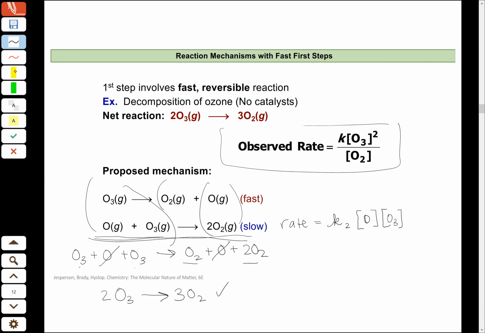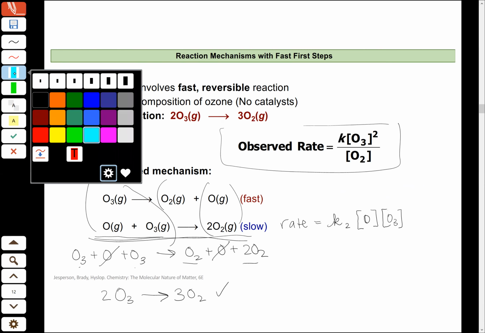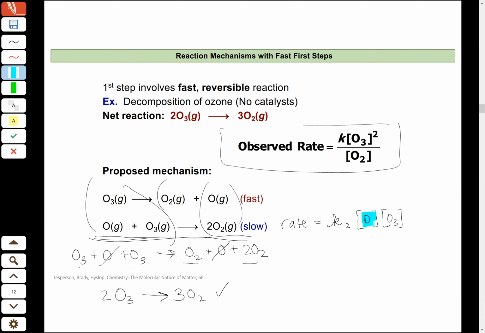Now, O3 is a reactant in my overall reaction, but O is an intermediate. And I cannot have a rate law that uses the concentration of an intermediate in the law. It has to be based just on things I can observe disappearing and appearing. So let's see how we deal with this.